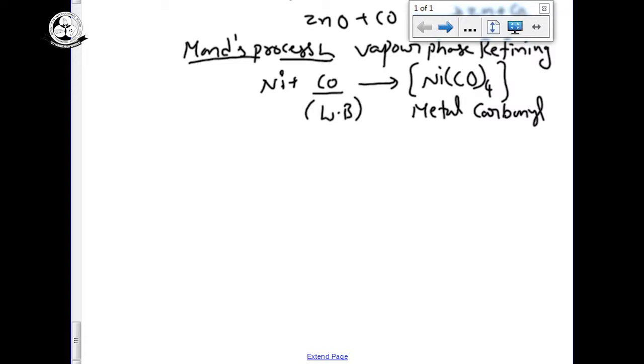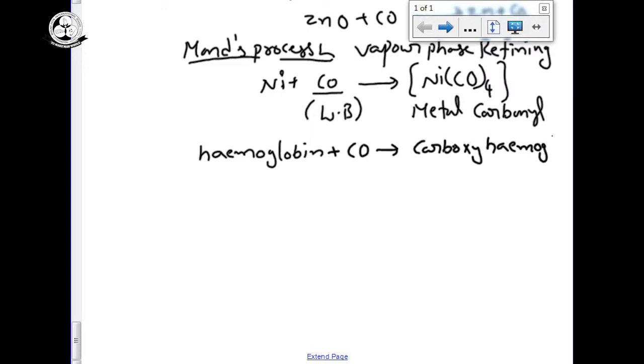It has the ability to form a complex with the hemoglobin in our blood, combining with hemoglobin to form carboxyhemoglobin. It is a complex compound, so already we know carbon monoxide is poisonous because it combines with our red blood cells, and finally it can cause death.